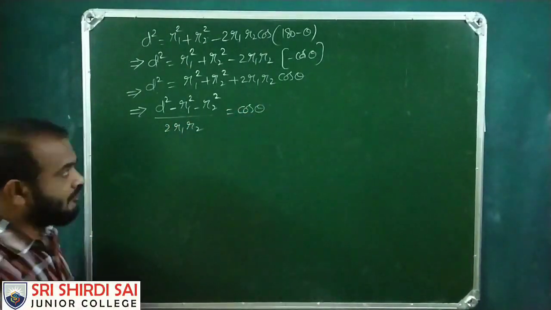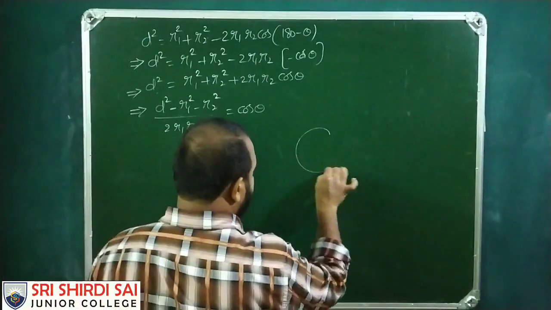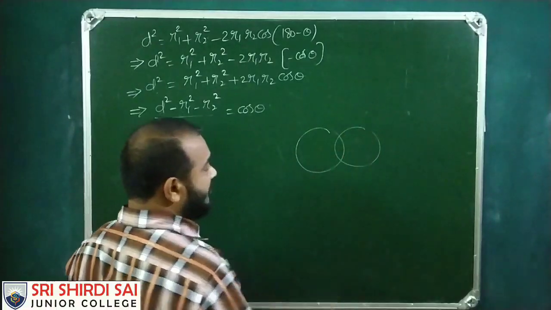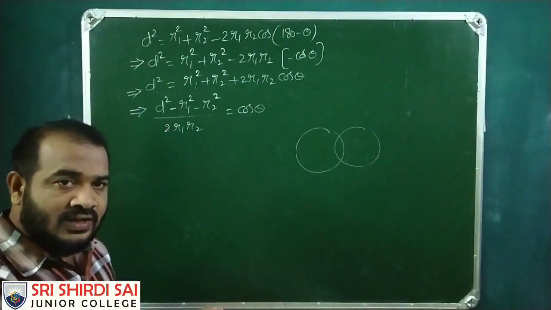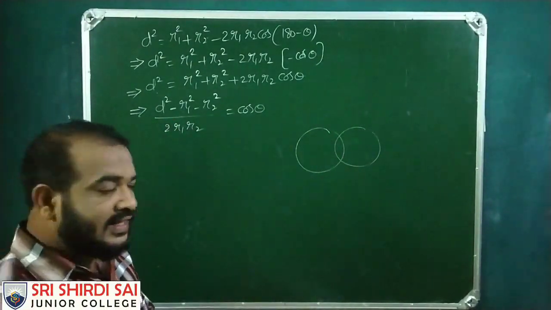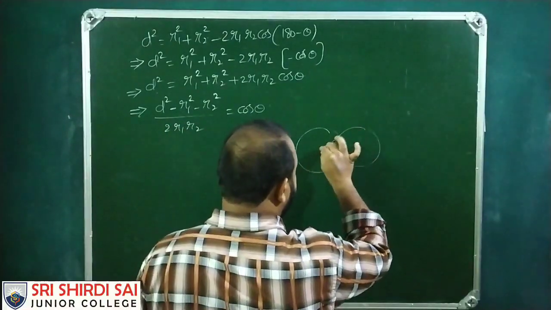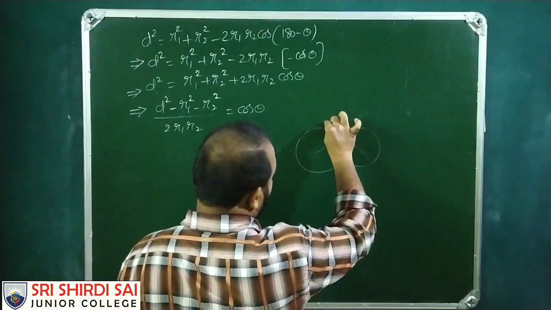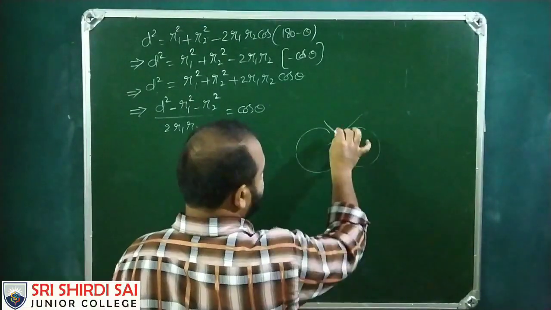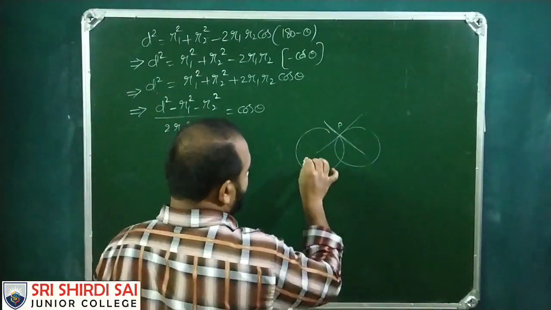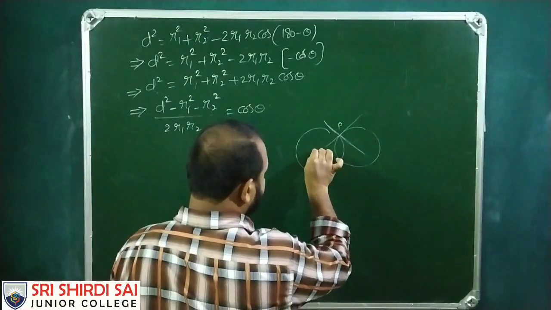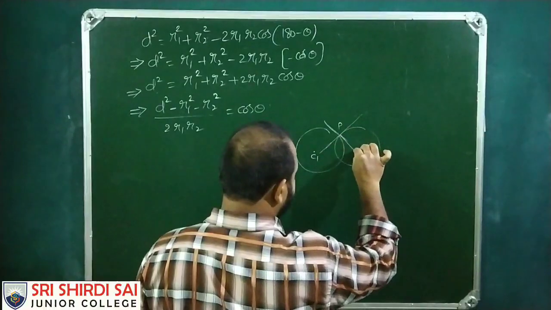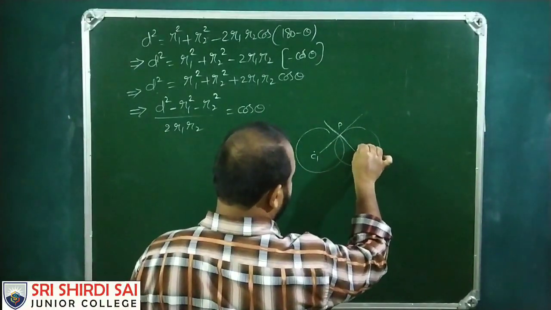So if theta is the angle between the two intersecting circles, it is also taken as the angle between their tangents drawn at the point of intersection. So these are the tangents for these two circles at P. This is the center of the first circle and this is the center of the second circle.